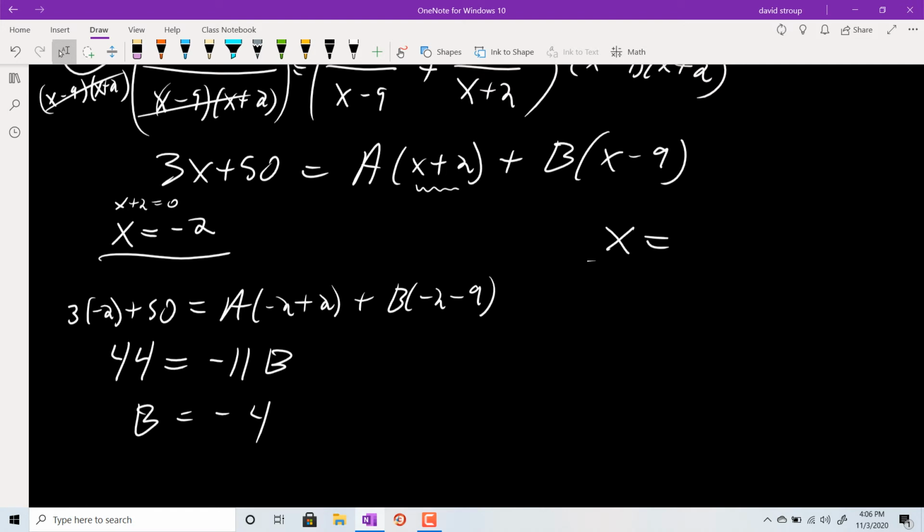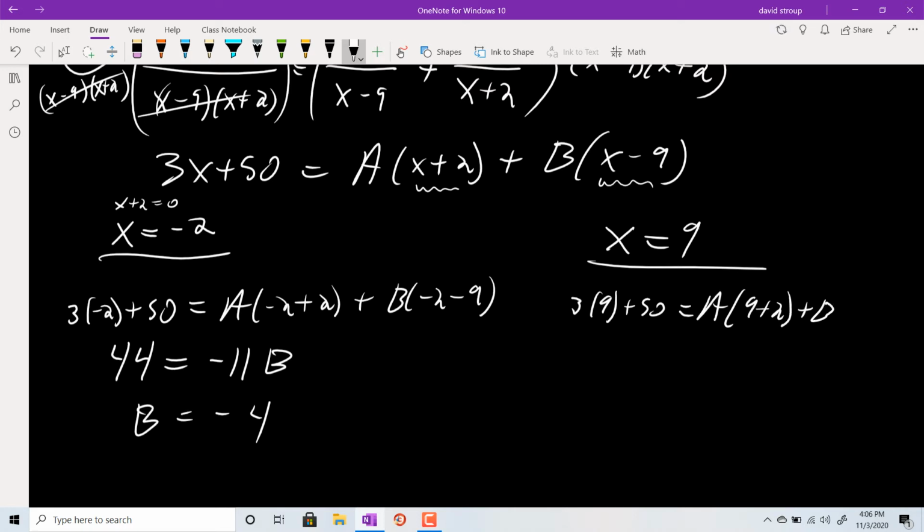Okay, and what's the other number you have to pick? Well, it comes from here, so pick 9. That'll get rid of it. So this time, 3 times 9 plus 50 equals a times 9 plus 2 plus b times 9 minus 9, which would be 0. 27 plus 50 is 77.